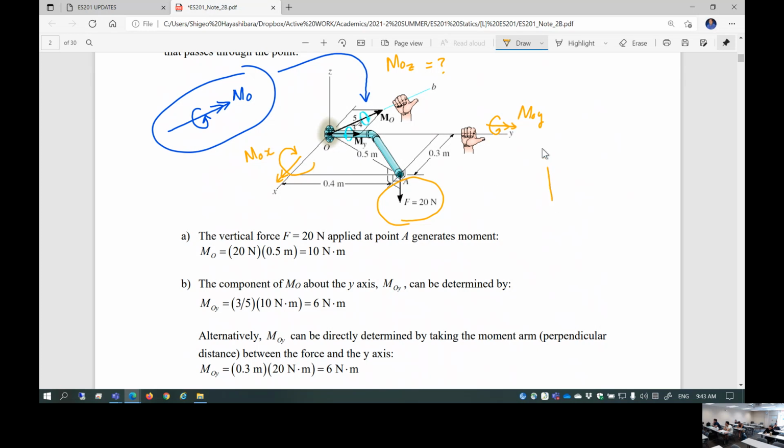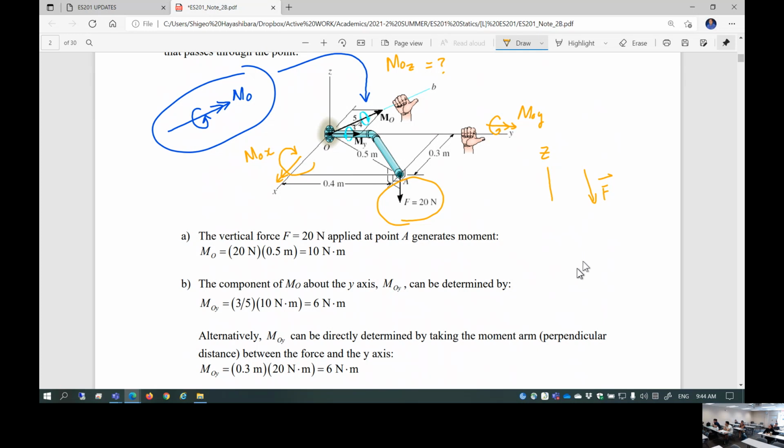Okay, so let's see. This is z. This is F. What is the moment about the z-axis? It is 0, isn't it? It is 0.